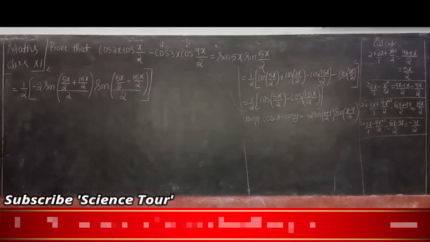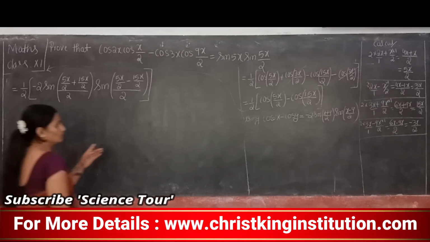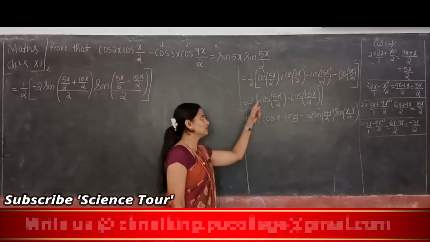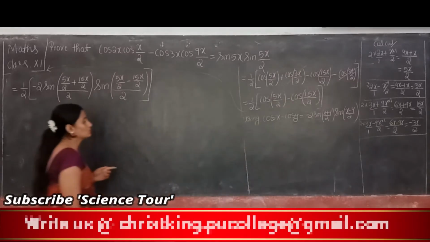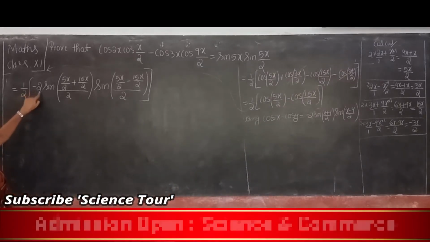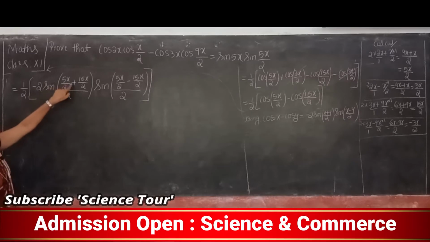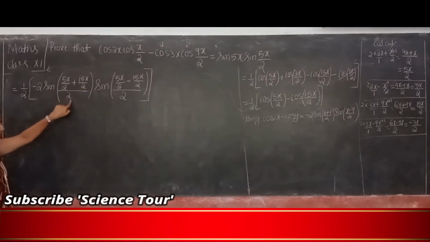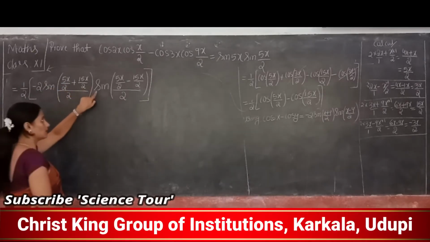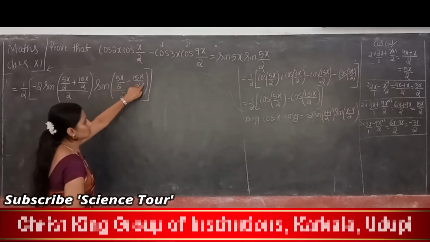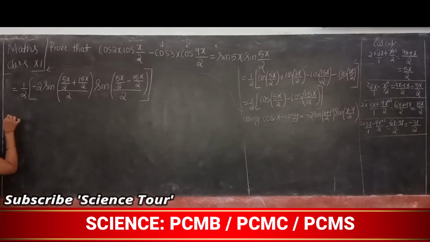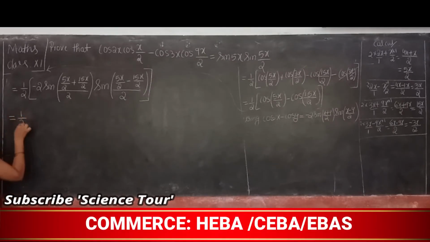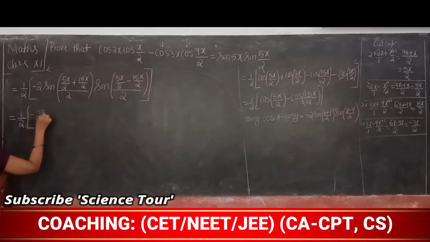Is this clear? Substitution. The formula is half as it is: cos x minus cos y equals minus 2 sin (x plus y) divided by 2 sin (x minus y) divided by 2. Clear?